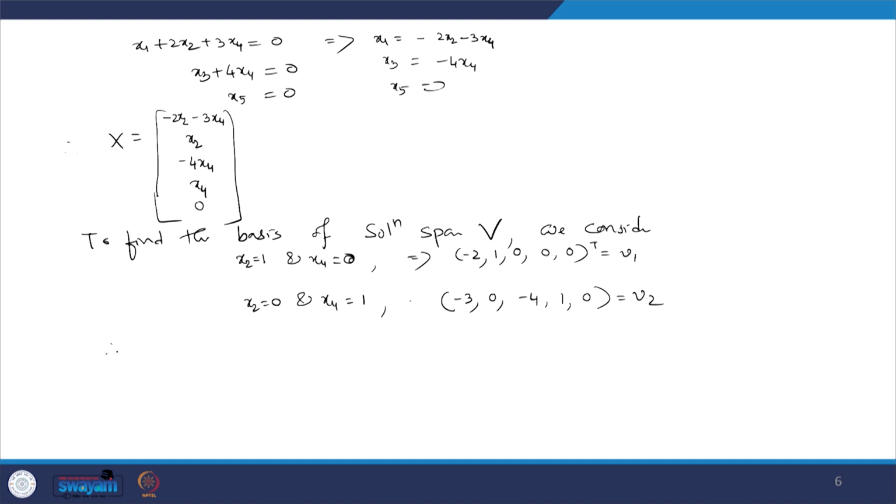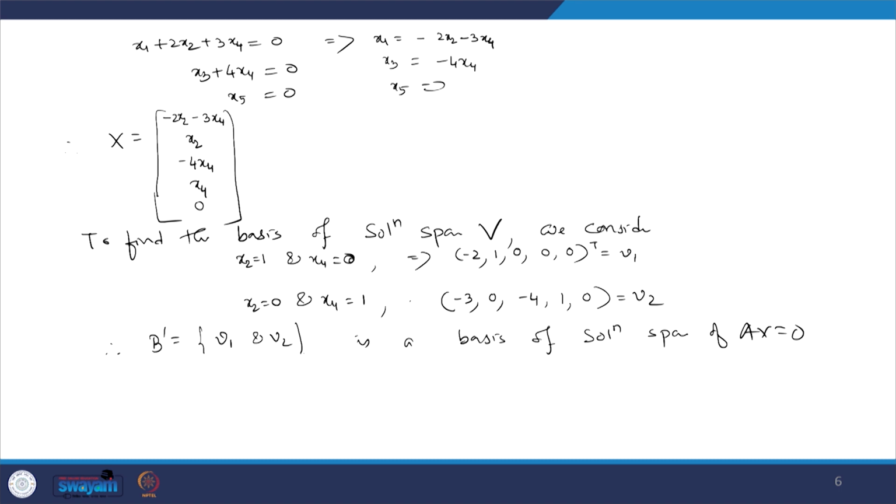Then B prime, consisting of V1 and V2, is the basis of the solution space of Ax equal to 0. Since it has two free variables, the dimension of the solution space will be 2. So, we need two linearly independent elements which will span the solution space, that is V1 and V2, which we have calculated.